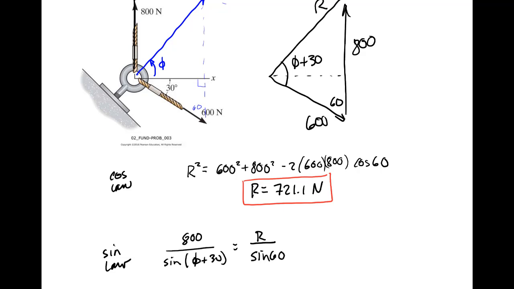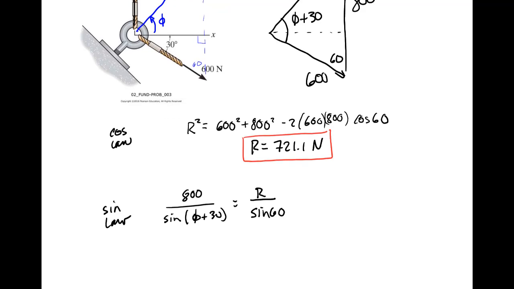Plugging this value in, I'll go ahead and just do all the arithmetic for you. I'll just say that the sine of phi plus 30 is going to be equal to 800 over 721.1 times sine of 60.